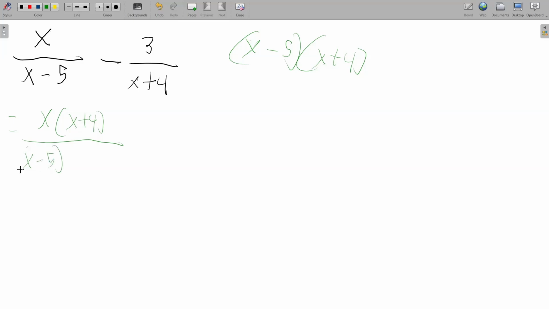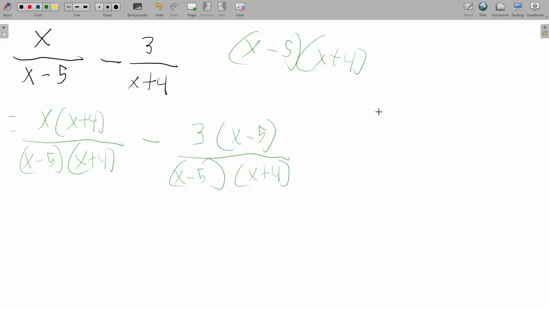And then we have our new denominator, right? We have to remember that. Minus. And so now we can expand it and then write it down on one thing. And so it'll look like this here.